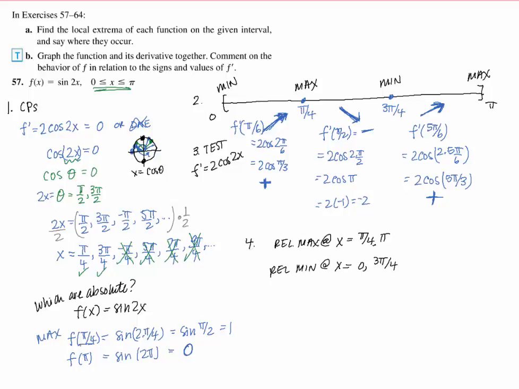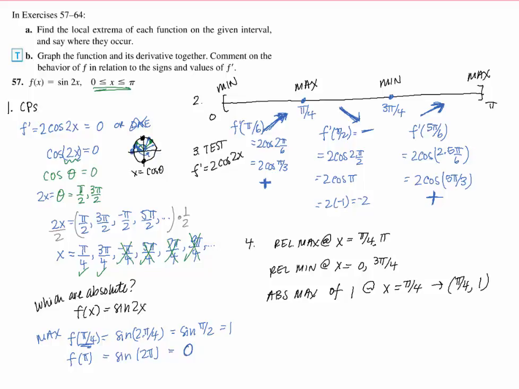So which one's larger? Pi over 4, right? So there's an absolute maximum, the value is 1, and that happens at x equals pi over 4. So we might say, and I like this notation, (pi over 4, 1) is the absolute maximum point.